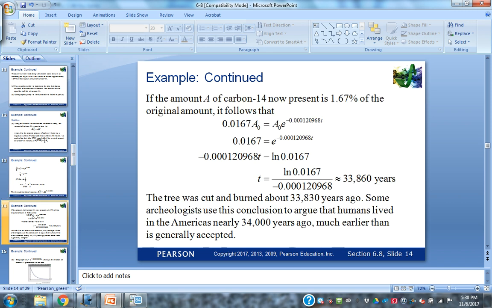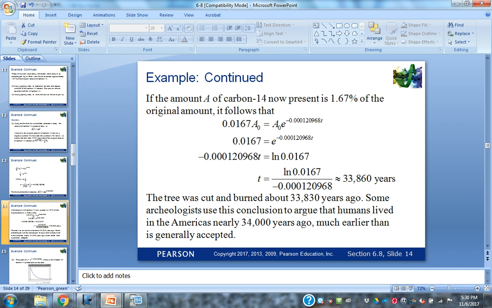If we know that we had 1.67% of the carbon remaining out of the original amount, here we have that as a decimal, and we're doing this like the half-life problem again. Taking that percentage, we're going to try to find how much time that was in years. They're saying it's 33,860 years ago.